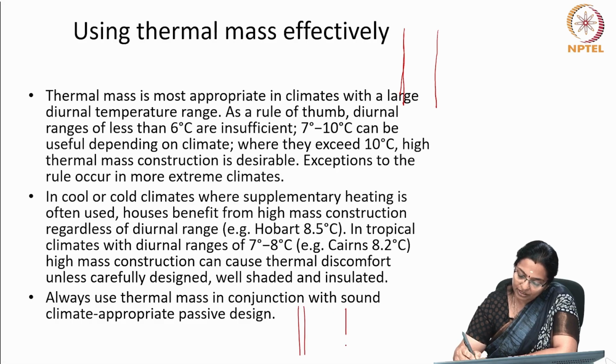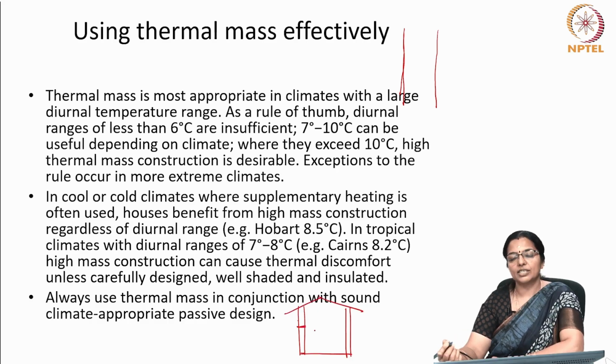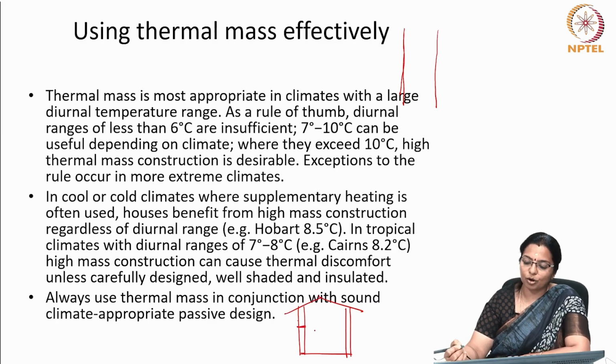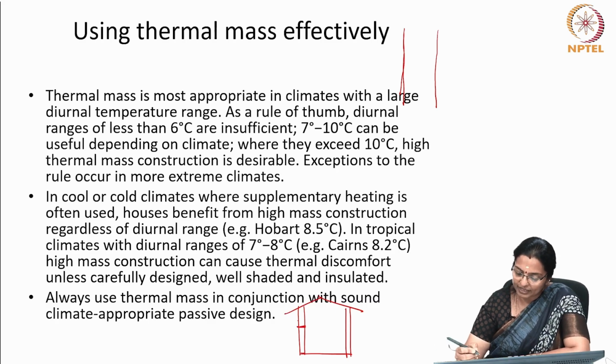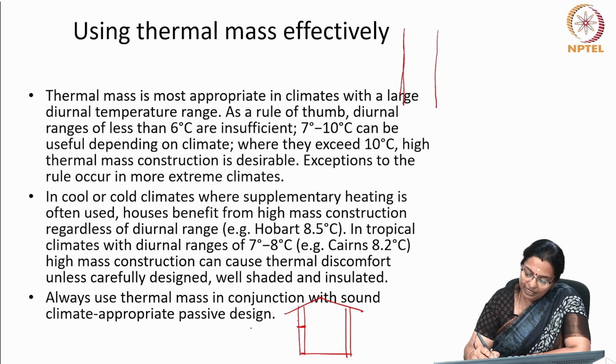So you have a thick wall and diurnal variation. Say let us look at a variation of 10 degrees or 12 degrees. So during the day the temperature is 35 degrees centigrade, and at night it is 25 degree or 23 degree centigrade.